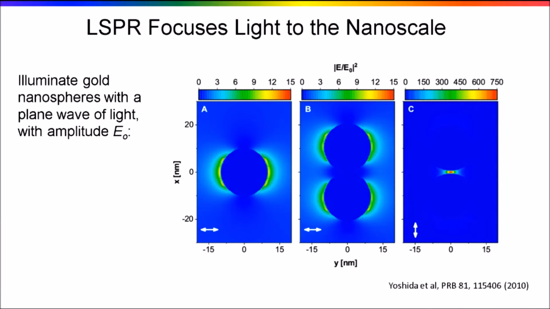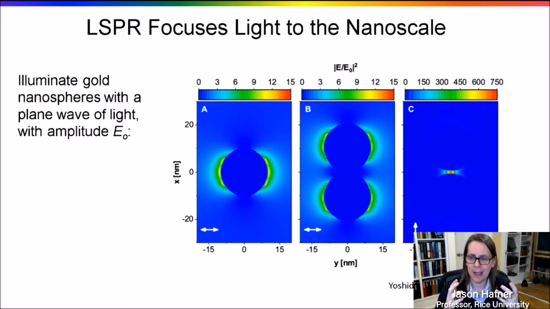You can see at the surface of the sphere, there's a region on either side where the electric field points that gets an enhanced electric field. And the enhancement, you look at it, it's like 10. That may or may not mean anything to us, but the key is the spatial size.